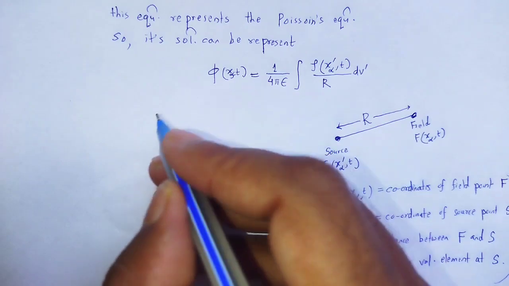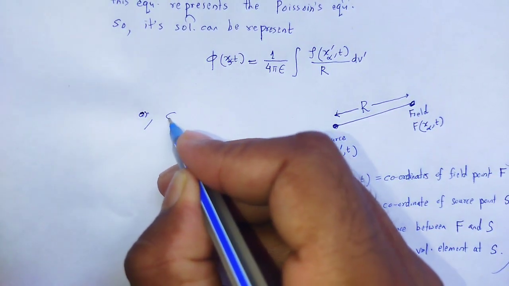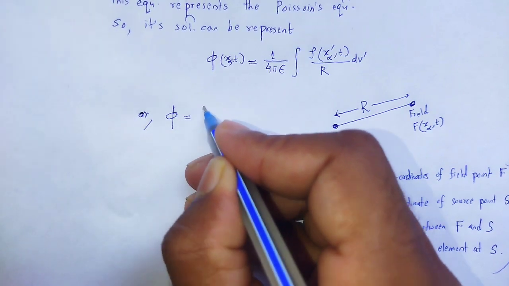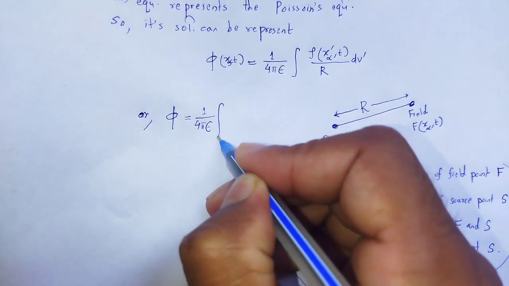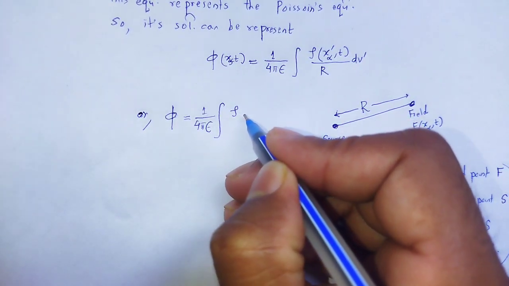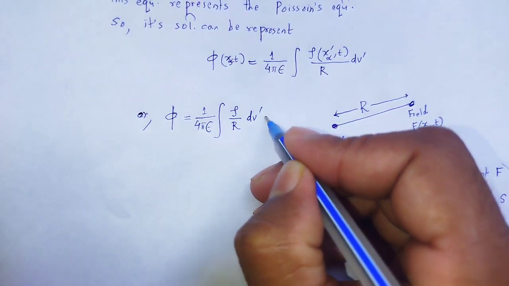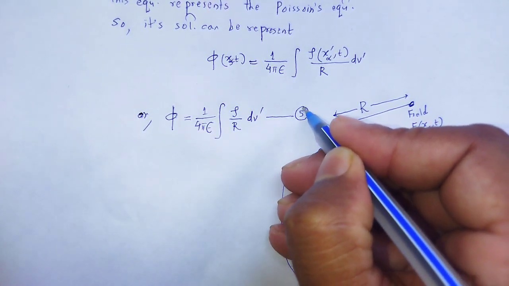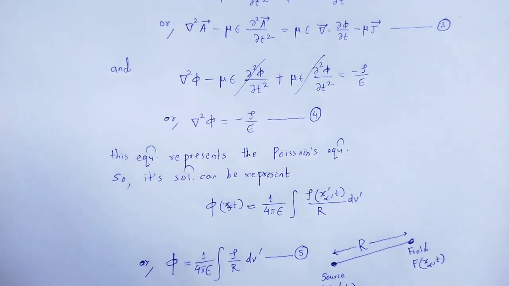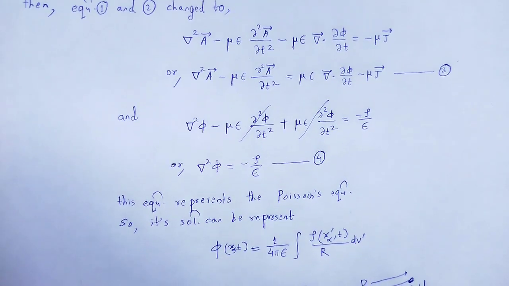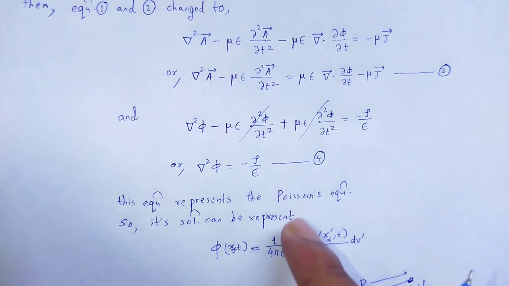That solution in short form we write: phi is equal to 1 by 4 pi epsilon integration over rho by r dv dash. This is equation number 5. This is the solution of equation number 4.